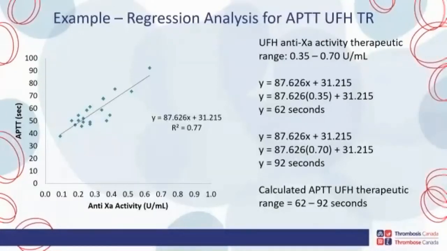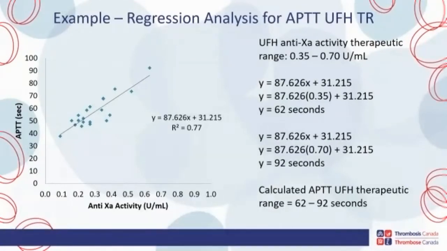And we utilize that regression equation, and we are able to calculate the corresponding PTT in seconds to the therapeutic range. So in Hamilton, our therapeutic range for unfractionated heparin is 0.35 to 0.7 units per ml. So when I plug in the 0.35 and the 0.7 into the equation, you can see that mathematically we come up with a PTT of 62 to 92 seconds.